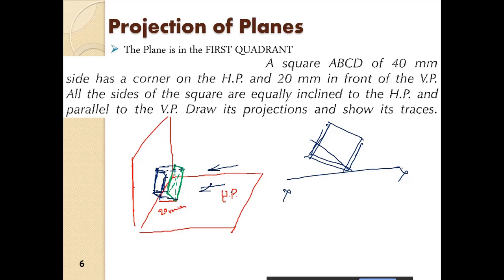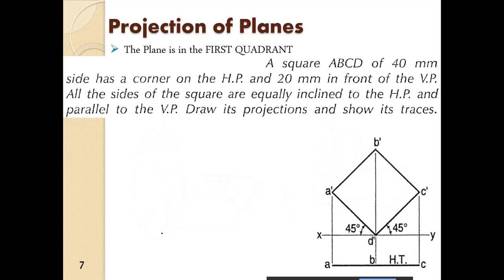If we see from the top, what we will see is this line projected, this point projected here, this point projected here and this point projected here, and this is the horizontal trace. So that is what we will see at a distance of obviously 20 mm. So at a distance of 20 mm we will see the horizontal trace.